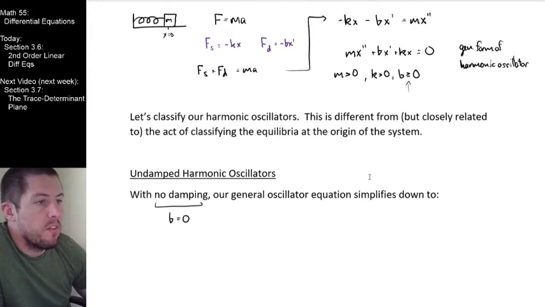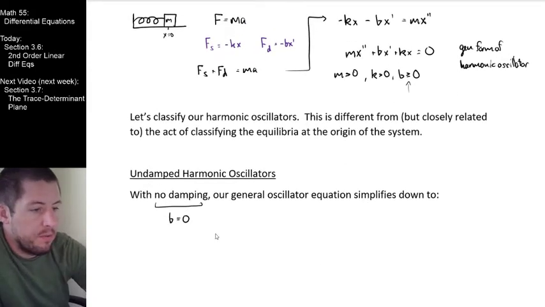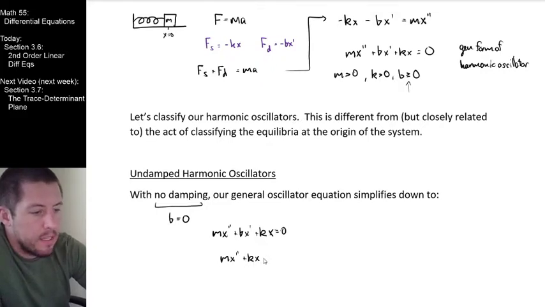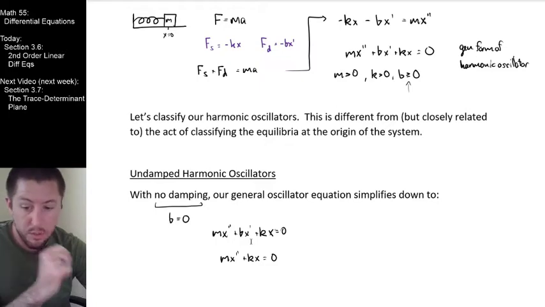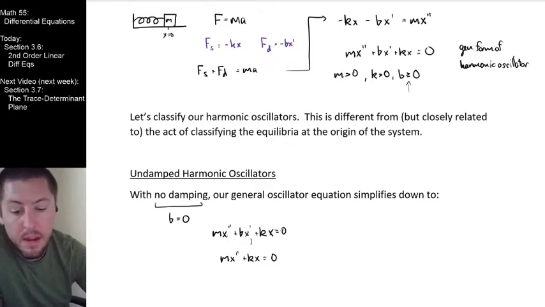In that case, our general oscillator, mx double prime plus bx prime plus kx equals 0, is now just mx double prime plus kx equals 0, because b was equal to 0.